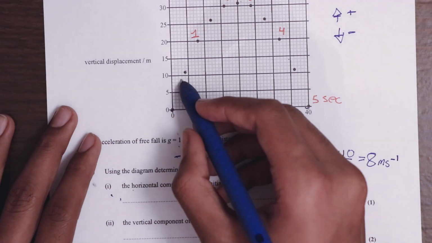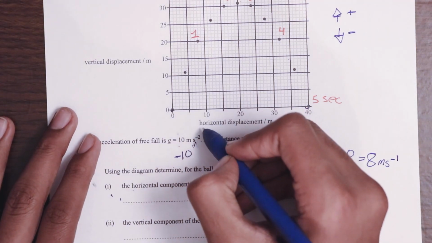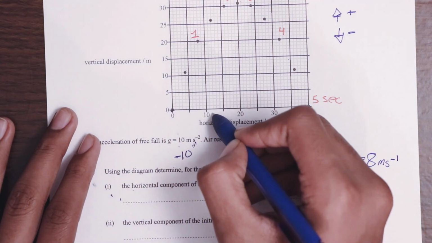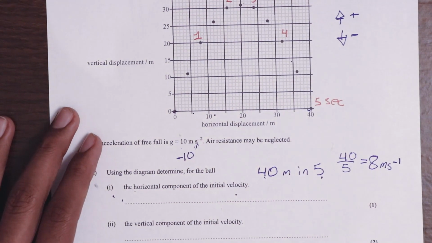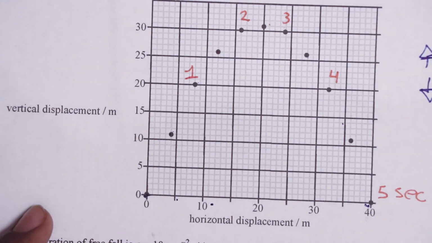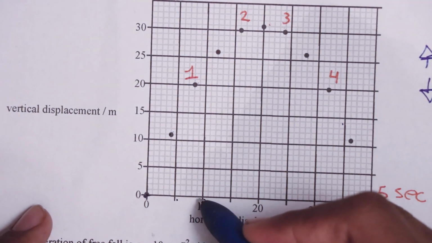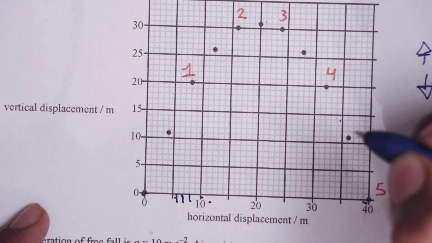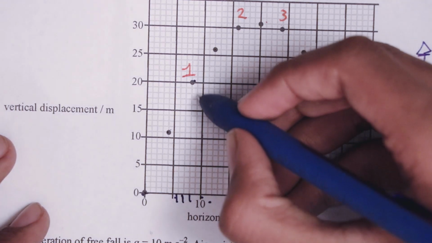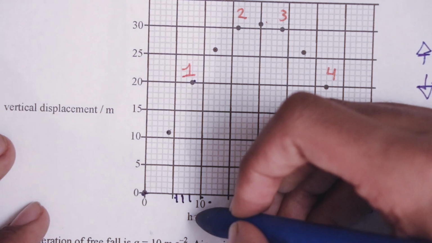And you can kind of see that here too. If this is 10, then this would be 5. If you can zoom in. This is 10. Then this would be 6, 7, 8. At 1 second, he's going 8 meters.